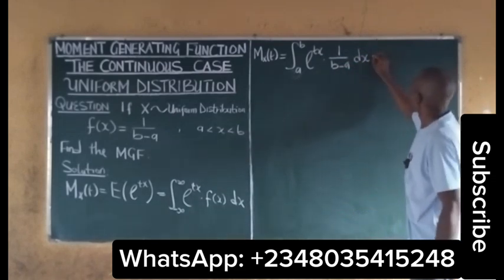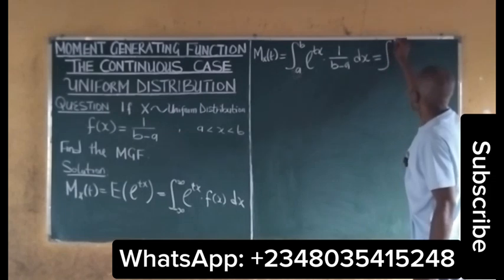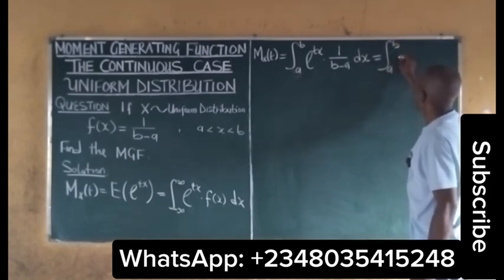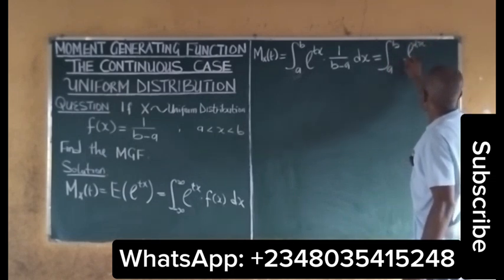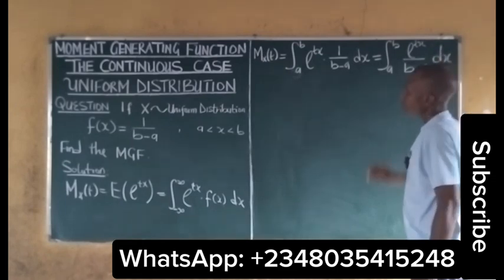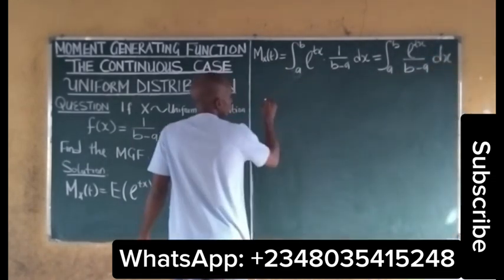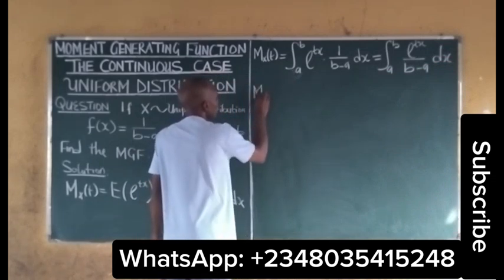So this is also equal to the integral from a to b of exponential tx all over b minus a dx. Nothing has changed.